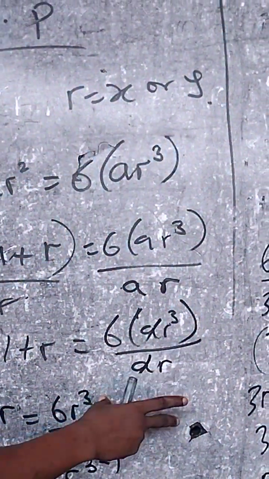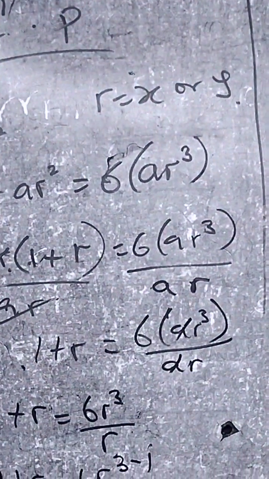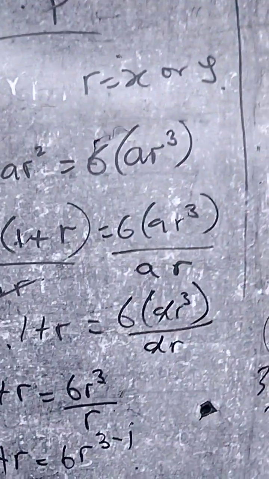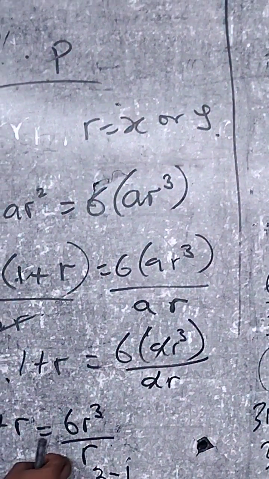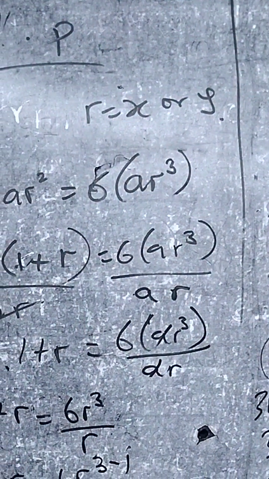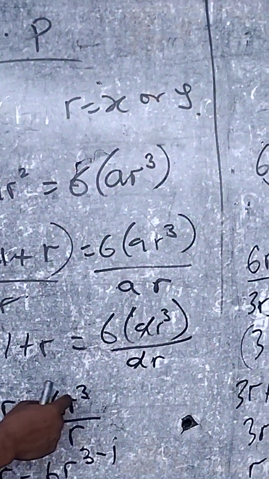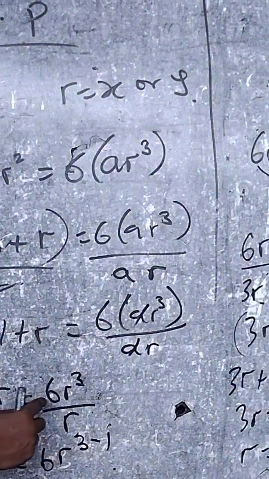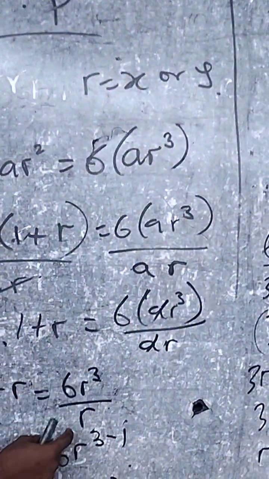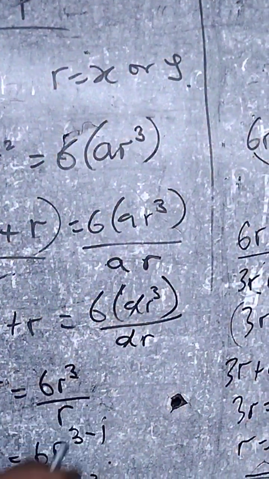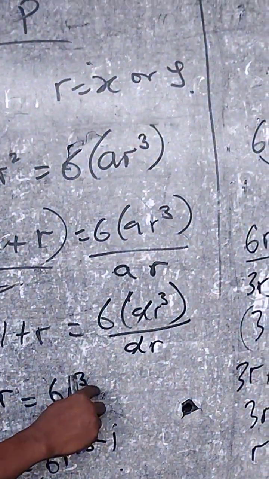A is common to both numerator and denominator on the right side, so you divide the numerator and denominator by A. So you have 6R raised to power 3 divided by R is equal to 1 plus R. Following the laws of indices, since these bases are the same, we subtract the power of the variable in the denominator from the power at the numerator.